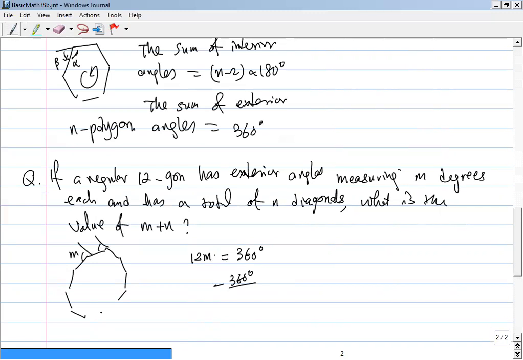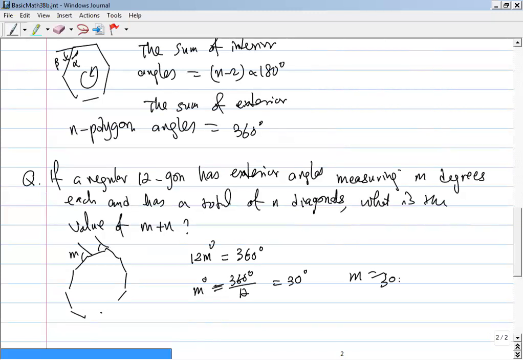So 12 times m equals 360 degrees, so m equals 360 divided by 12. So it's going to be 30 degrees. So m is going to be 30.